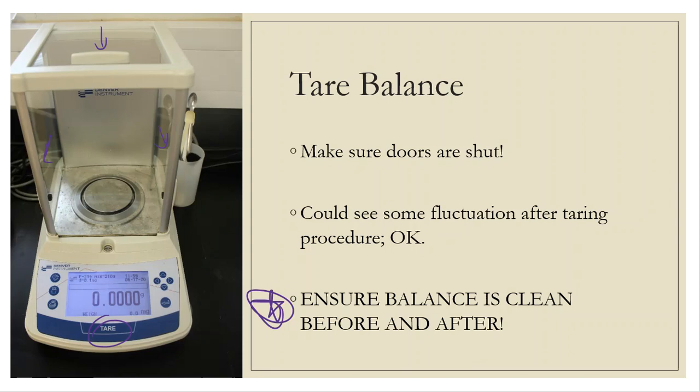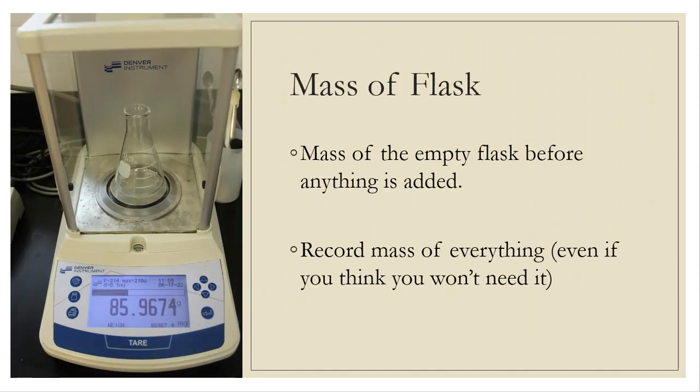So here's the balance. 0.0000 grams. I'm then going to put a flask on it, and I'm going to get the mass of the flask. Now, granted, I might not need that mass, and that's okay, but like I've told you before, I always take the masses of everything, even if I don't need to use them. At least I have them.